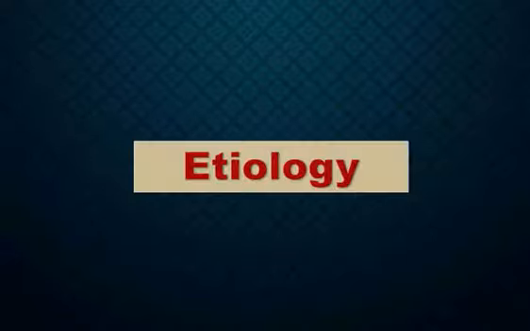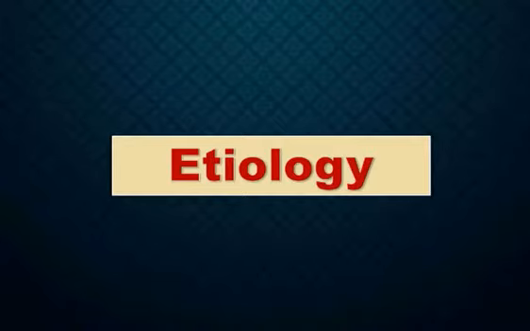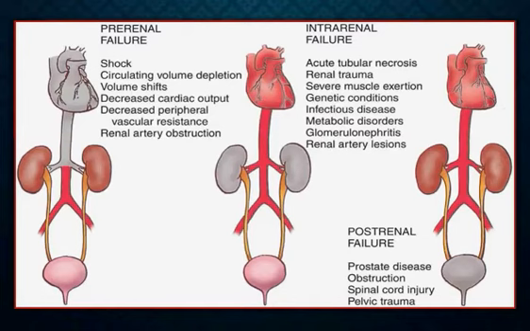Now, the etiology. Because we took the introduction and clarified the parts of the kidney, the causes may be prerenal, renal, and postrenal, depending on the function. So here it is the same. We have prerenal causes related to something in the blood supply going to the kidney.